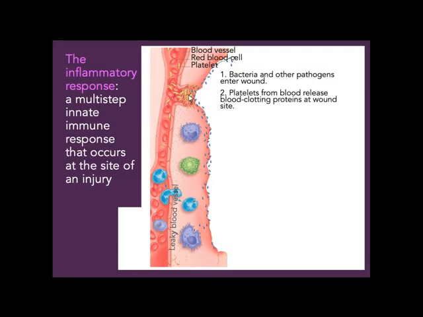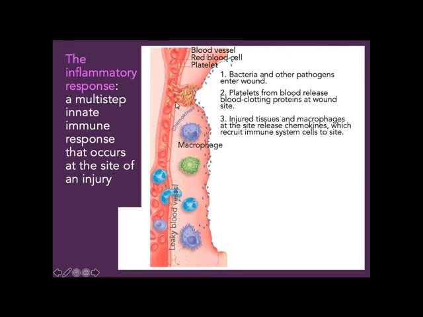So then platelets from the blood will release blood clotting proteins at the site of the wound. All right, so these are the blood clotting proteins, and the platelets are the little yellow ones, and then the proteins that they're secreting are drawn as these little strings, okay?